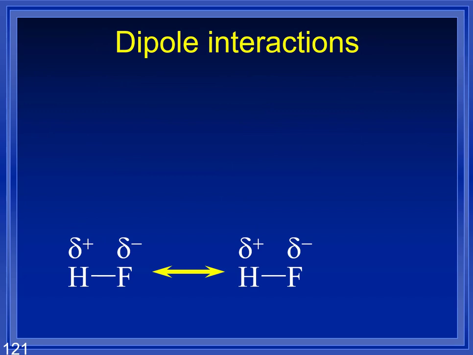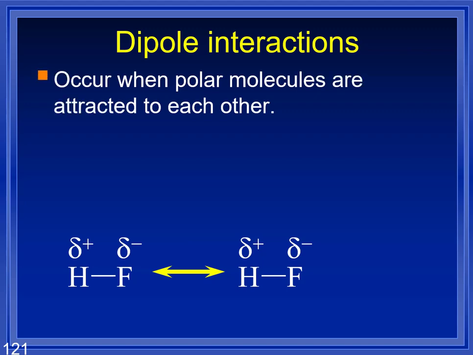Dipole, prefix di, two, pole, two-pole interactions. How the pole on one molecule affects the pole on the next molecule. So dipole interactions means you have to have two poles, which means you have to be polar. If you're not polar, you can't have two poles. So you can't do this. So two-pole interaction.